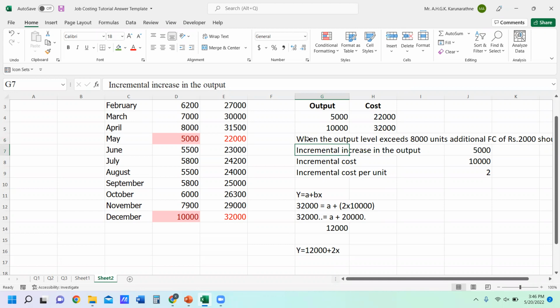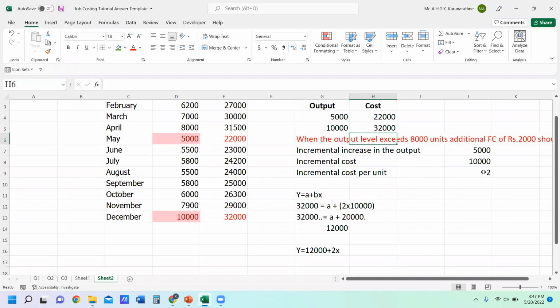If you are given this additional information, let's say in a small scenario, you are given this observation: at the lowest output level, this is the cost; at the highest output level, this is the cost. But it gives additional information: when the output level exceeds 8,000 units, an additional fixed cost of 2,000 should be incurred.